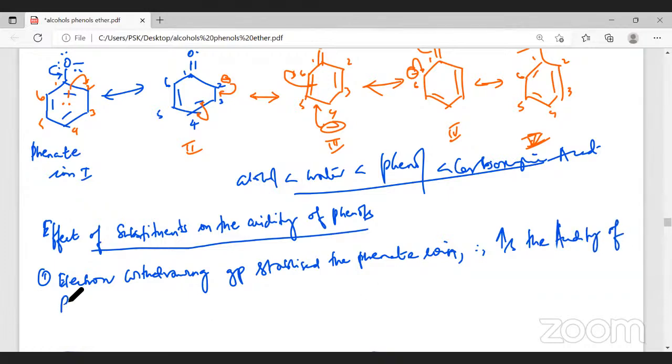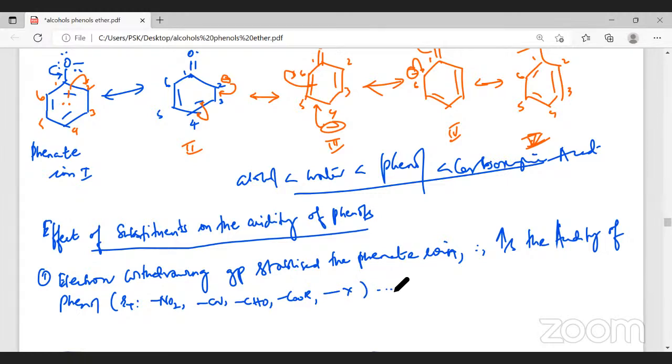Now, what are the examples for electron withdrawing group? A strong electron withdrawing group is nitro group, cyanide, CHO aldehyde group, ester group, or a halogen. These all are examples for electron withdrawing group.